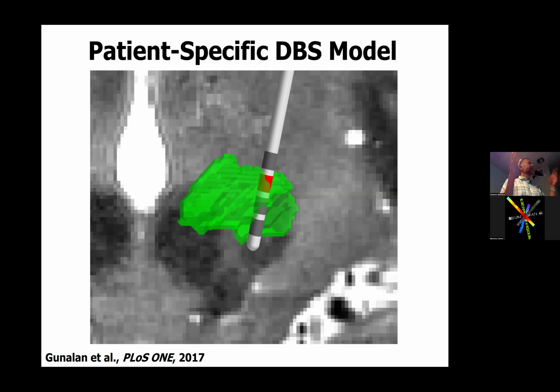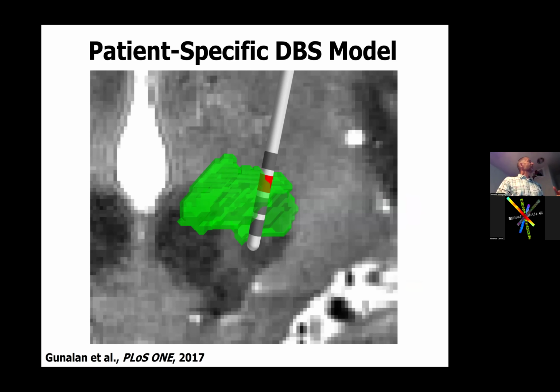We know there's a clinical therapeutic sweet spot in the dorsal lateral posterior STN, right on the dorsal border of the nucleus. So that red contact. We've known that for a long time, that's not new. But we've never really known what it is that we're stimulating in that region, because there's a lot of stuff there.